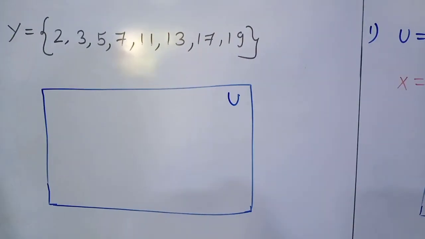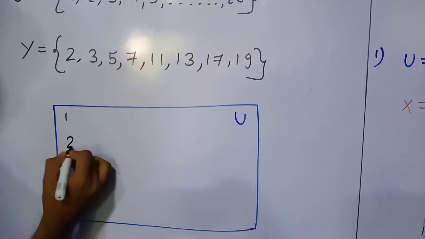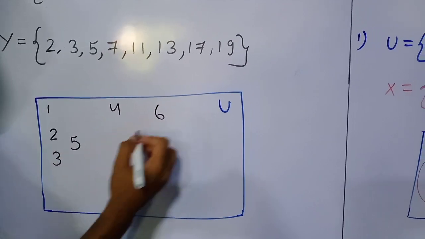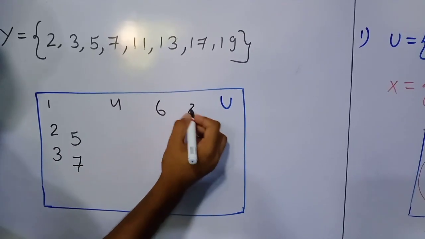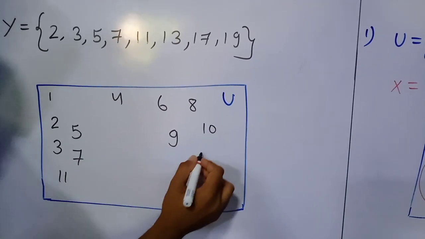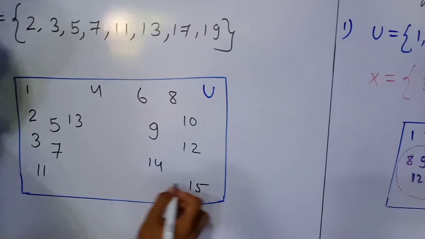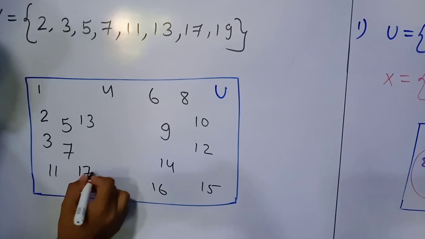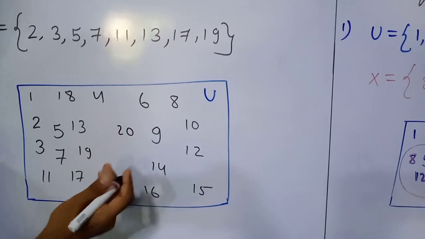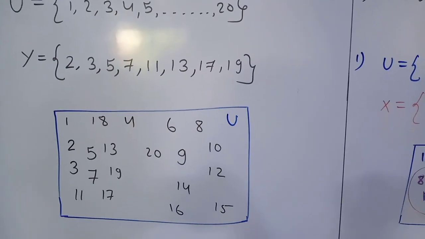The elements of the universal set are given here, 1 to 20: 1, 2, 3, 4, 5, 6, 7, 8, 9, 10, 11, 12, 13, 14, 15, 16, 17, 18, 19, 20. This way we can show the universal set by a Venn diagram.